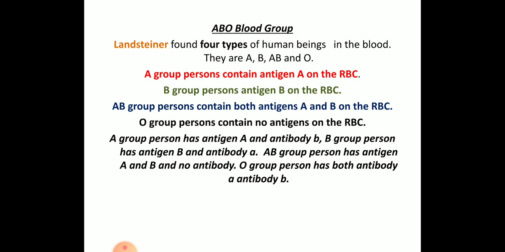In the same way, AB contains both antigen A and B, whereas the O group does not contain any antigen. On this basis, he found the different blood groups.